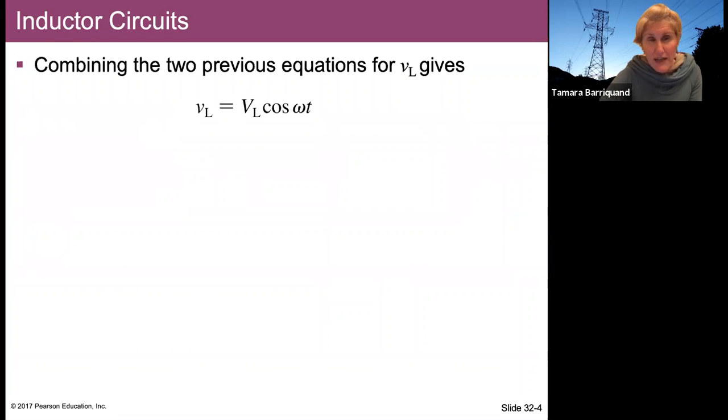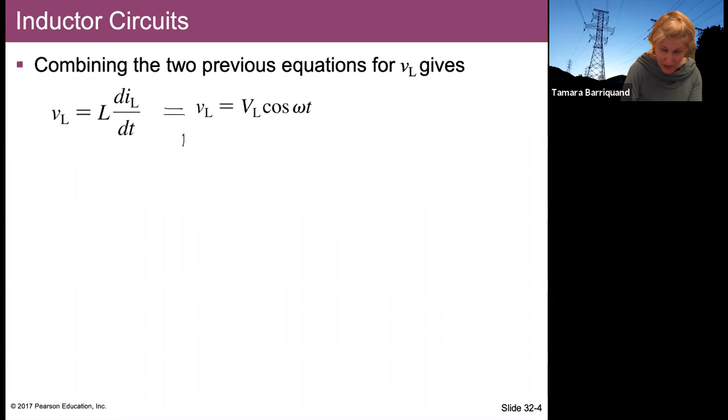Now combining the two previous equations for v sub L, we have the one that we just got, little v sub L equals big V sub L cos omega t, and we have the fact that little v sub L equals L, the inductance, times di sub L dt. I'm going to set these equal to each other because they are equal to each other, and rewrite them here.